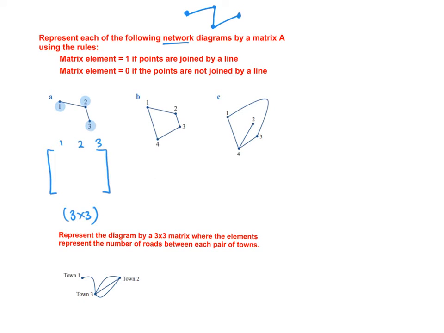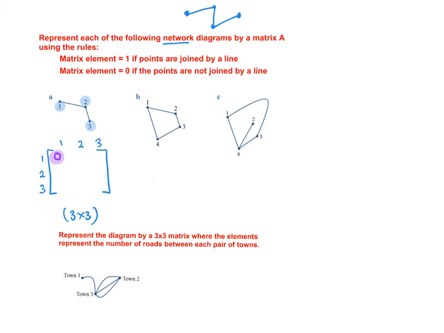I'm just going to call them towns for now. 1, 2, 3. What you're looking for here is, is there a path or a line that goes from 1 back to 1? If you do have one, it would look like that. Is there any of that one in this diagram? No. Because there's no path there, we will put a 0, okay?